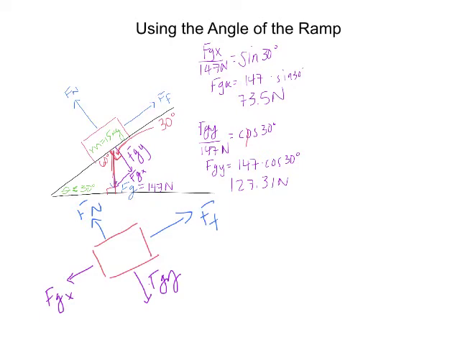If we know that this is at rest, and we know this value is 127.31 newtons, and this value is 73.5 newtons, I'm pretty sure from here you can work out what force of friction has to be and what normal force has to be so that our net force is equal to 0. All right, so normal force will also have to be 127.31 newtons, and force of friction will also have to be 73.5 newtons. Okay?